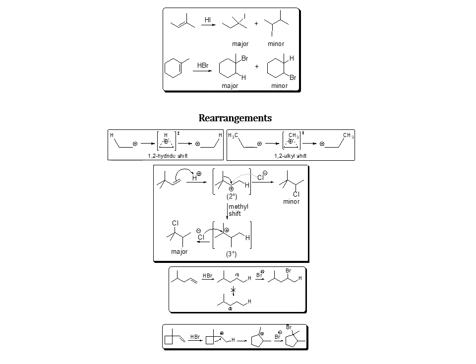Here are some examples of regioselectivity of electrophilic addition of hydrogen halides. In this first example, addition of hydrogen iodide to 2-methyl-2-butene results in formation of 2-iodo-2-methylbutane as the major product.